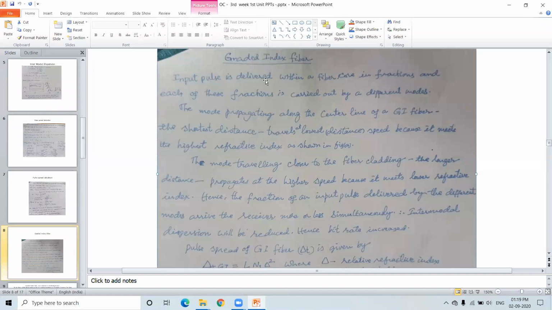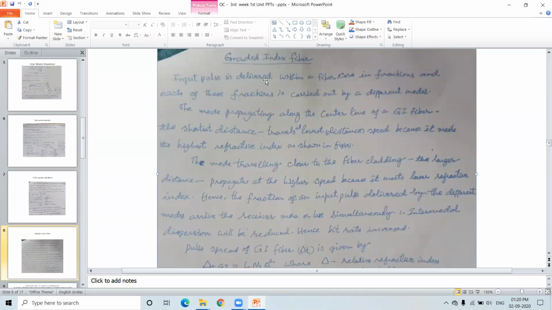That is, a fraction of the core diameter, different regions, different layers. Those different layers are having different refractive indexes. So in the fabrication of the graded index optical fiber, it is so difficult to place different layers inside the core region itself, because the core region is very small, less than the human hair diameter.